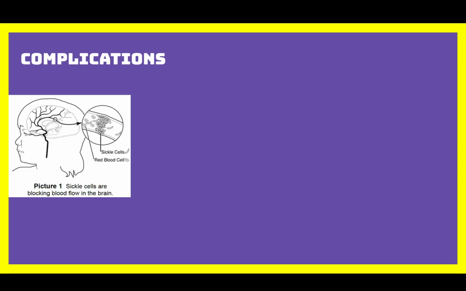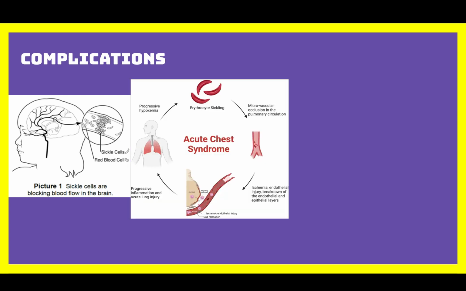Sickle cell disease can result in numerous serious complications. Stroke may occur if sickle cells obstruct blood flow to the brain, presenting symptoms like seizures, limb weakness, speech difficulties, or loss of consciousness. Acute chest syndrome is a life-threatening condition caused by lung infections or blockage in pulmonary vessels, leading to chest pain, fever, and breathing difficulties.